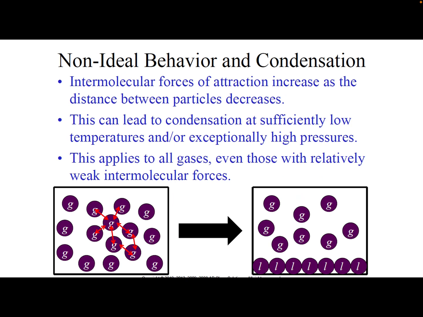And so intermolecular forces of attraction are going to increase as the distance between the particles decreases. We have seen this before. So this can lead to condensation at really low temperature or exceptionally high pressure. And this is going to apply to all gases, even gases that have relatively weak intermolecular forces.